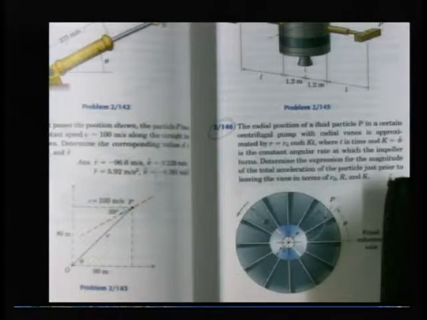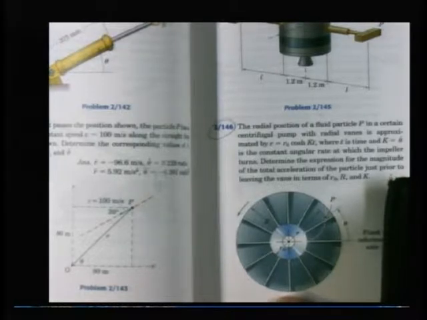The position vector is a function of time. Position as a function of time. And where kappa is given to us as theta dot, the constant angular rate at which the impeller turns. This is called the impeller.